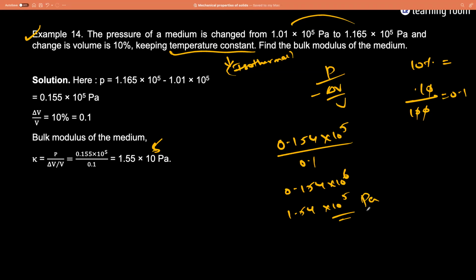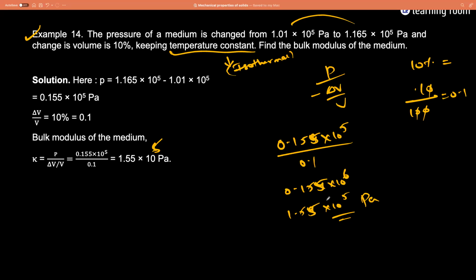0.155. Okay. So correct, 0.15. So 1.55 into 10 power 5 Pascal. I subtracted 1 from 65. So 1.55 into 10 power 5 Pascal.